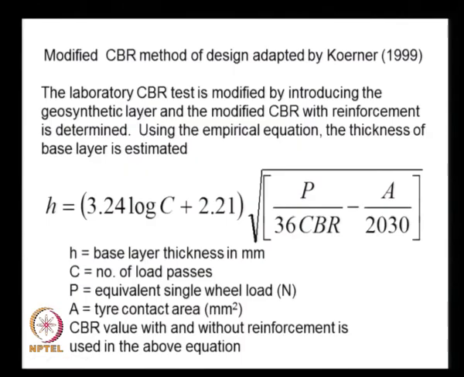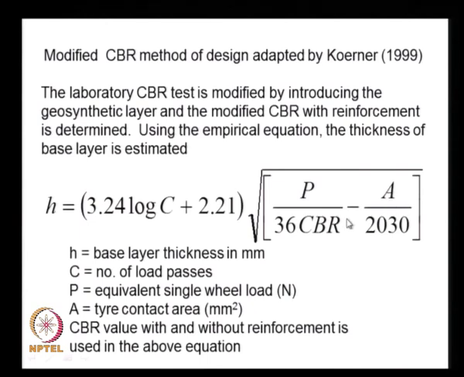Here H is the base layer thickness that is related to the number of load passes and other factors like this 3.24 log C, where C is the number of load passes, plus 2.21 multiplied by the quantity in square root, P by 36 CBR, where P is the equivalent single wheel load, and the CBR value is either for unreinforced soil or reinforced soil, and A is the tire contact area divided by 2030.